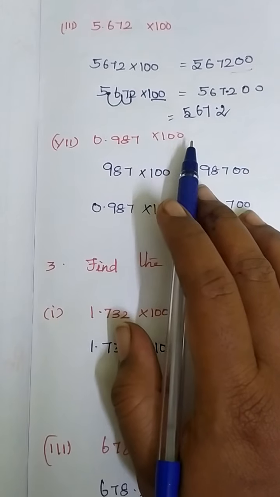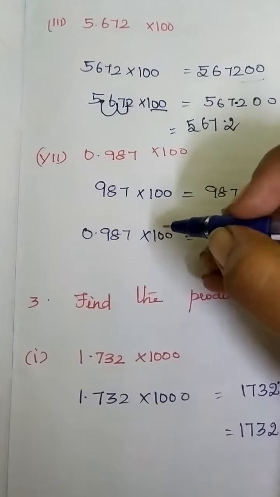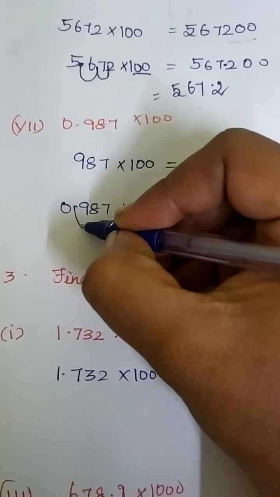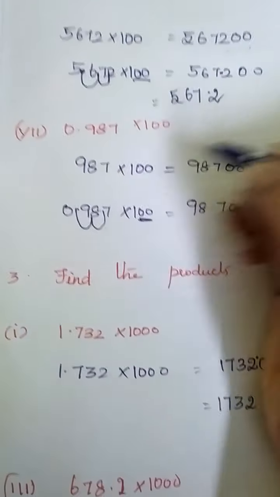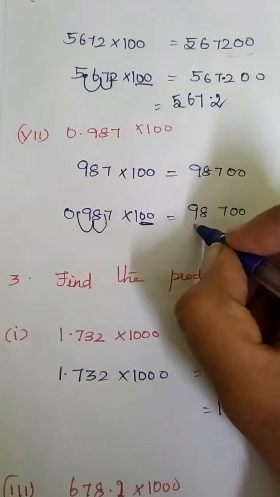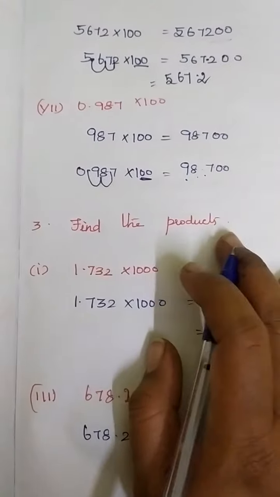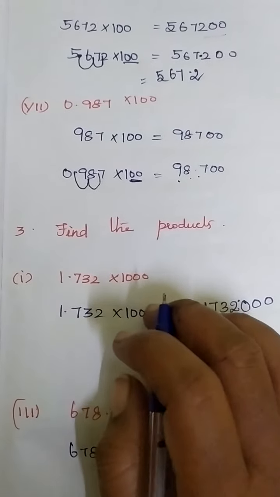Now 0.987 multiplied by 100. How many zeros? 2 zeros. So you have to move the decimal point how many steps? To the right hand side, 2 steps. 1 step, 2 steps. So it is 98.7. Find the products. 1.732 multiplied by 1000.